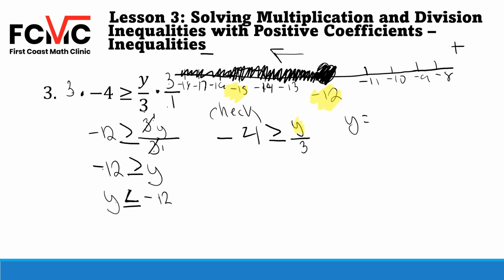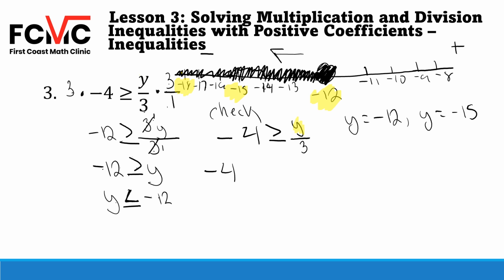So kind of squeezing that in a little bit, but we'd have negative 18 here as well that we could use. And then if we continue that, negative 21, negative 24, negative 27, so all the values that are divisible by 3. So let's do 2 of these. So we'll do negative 12, and then we'll do negative 15. So we'll do 2 checks.